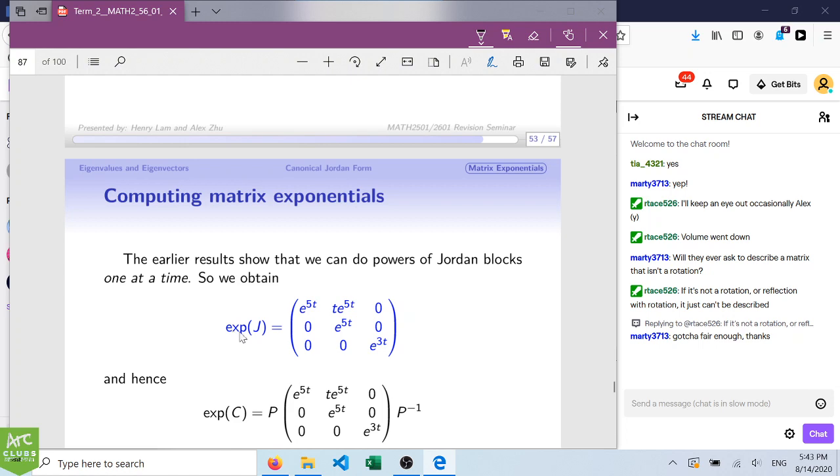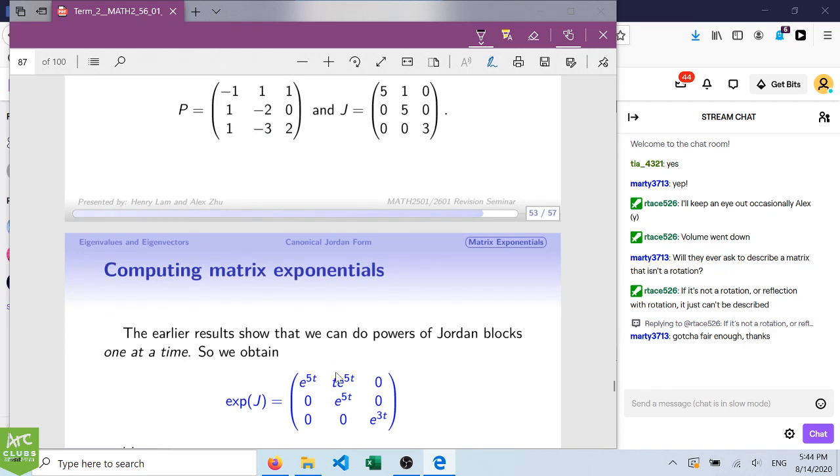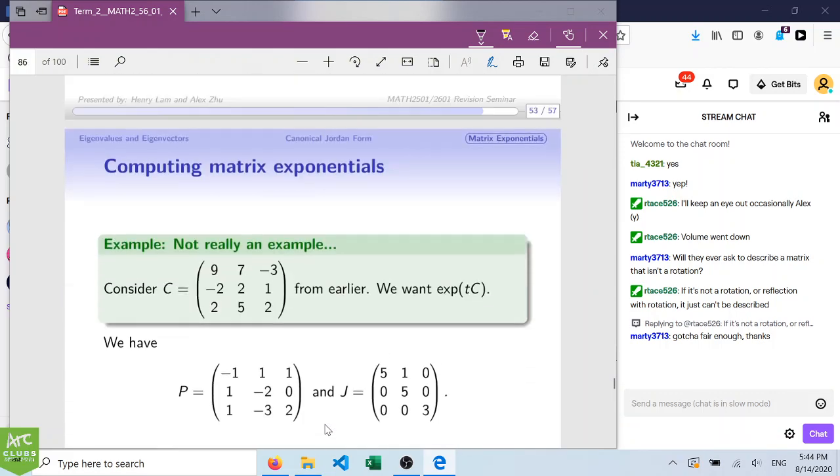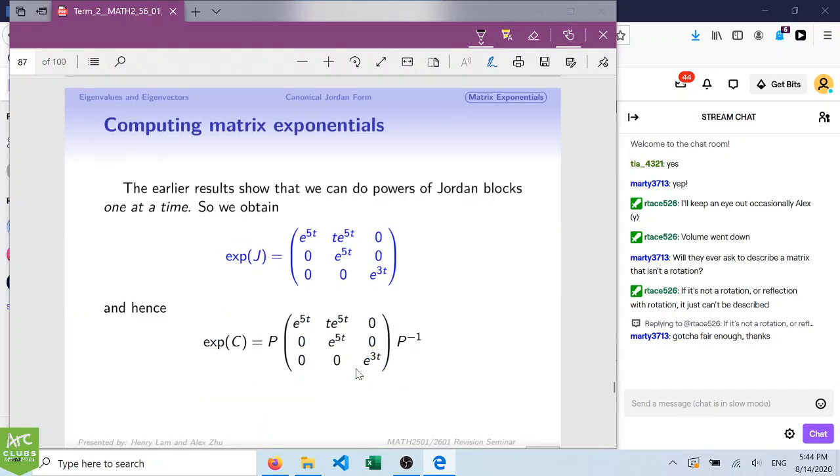So first we take the exponential of the Jordan form, which gives me this matrix with e to the 5t, t e to the 5t, and e to the 5t, e to the 3t, and so on. So how do we get that? This comes from the previous part over here.